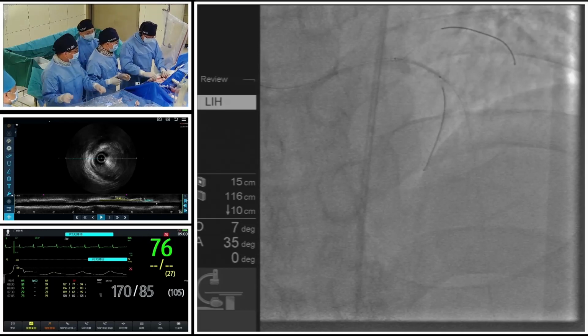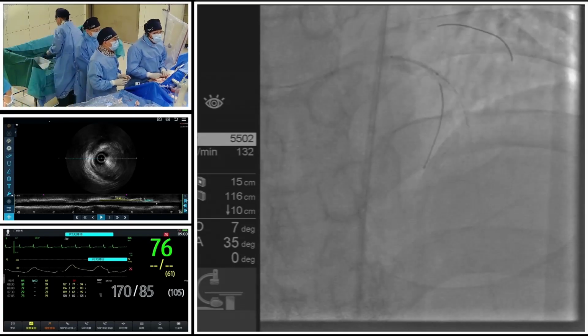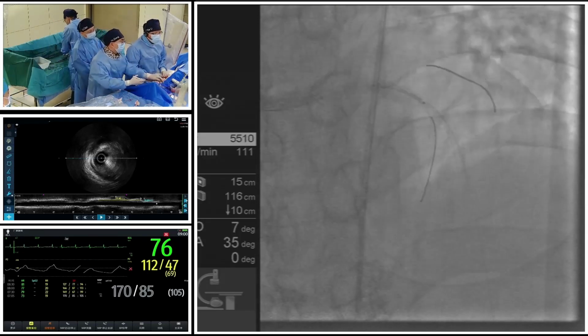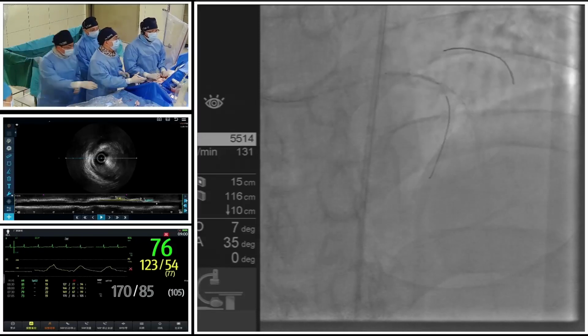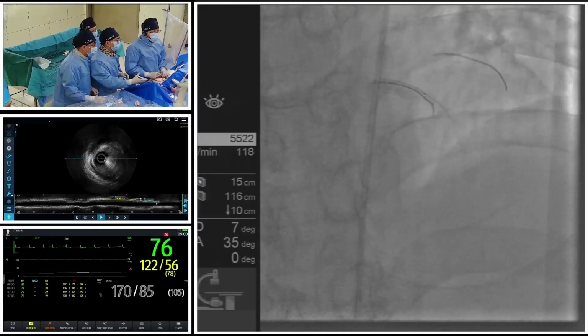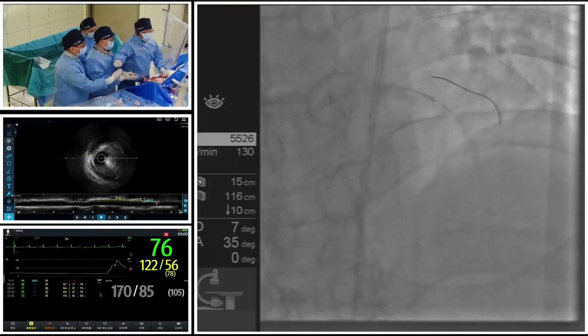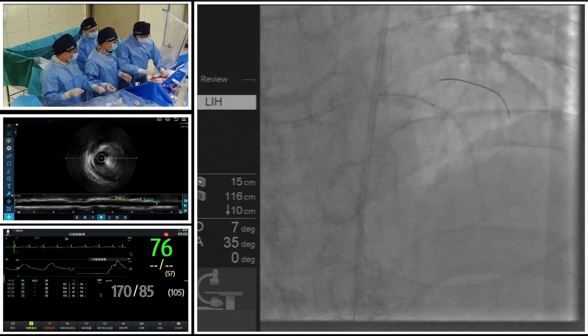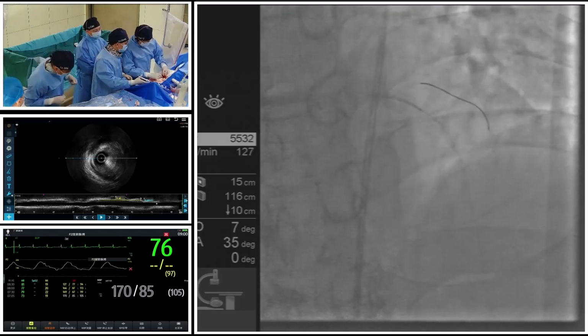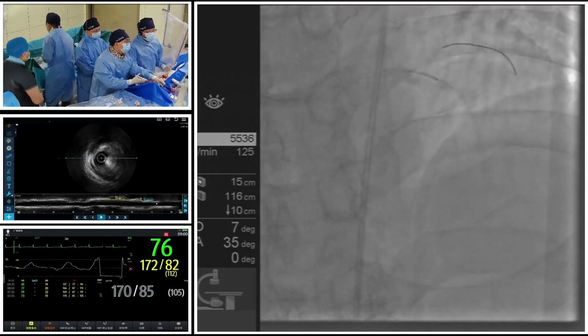And the second thing is the combination usage of rotablation and lithotripsy. In this case, I think the rotablation is only for debulking, to reduce the plaque burden and also the calcium volume, to make some advantage for the later device to go through the lesions.